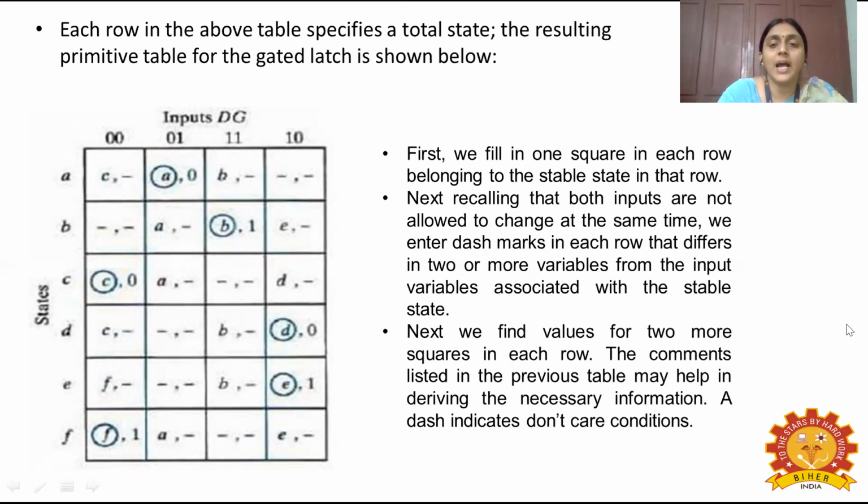We enter dash marks in each row that differs in two or more variables from the input variables associated with the stable state. And last, we find the values for two more squares in each row. The comments listed in the previous table may help in deriving the necessary information, where the dash here indicates the don't care condition.